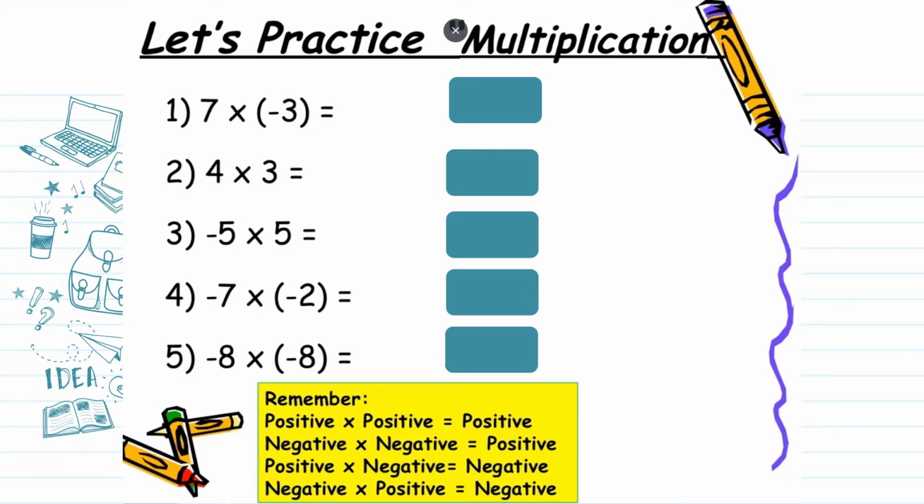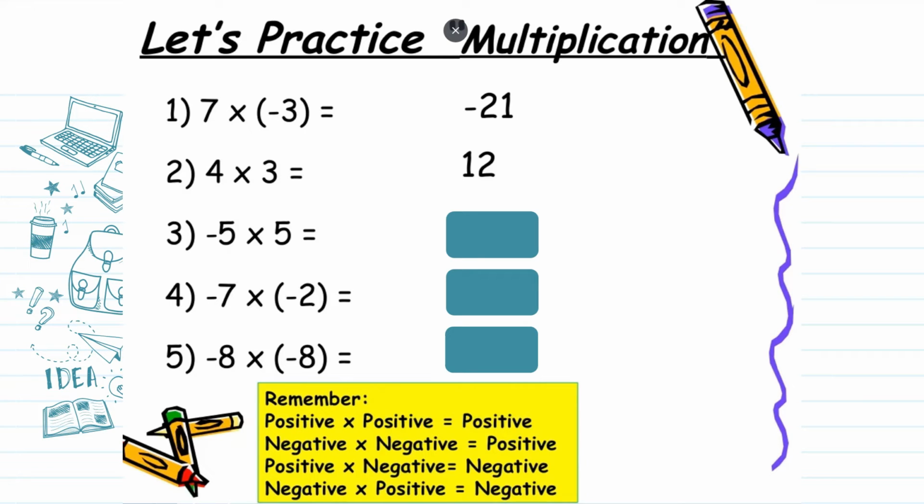And then since they have different signs, because we have positive and negative integers here, therefore the sign of the product or answer will be negative. Next is positive 4 times positive 3. So 4 times 3 is 12. And they are both positive, therefore their answer will be positive 12.